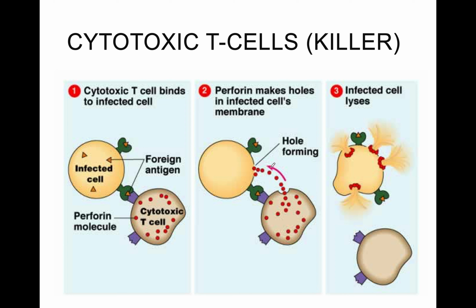The perforins land on the cell surface and cause the surface of the infected cell to become leaky. They lyse the infected cell, and as they do that, the contents of that infected cell spill out, and that prevents that infected cell from doing the protein synthesis necessary for making new viruses.